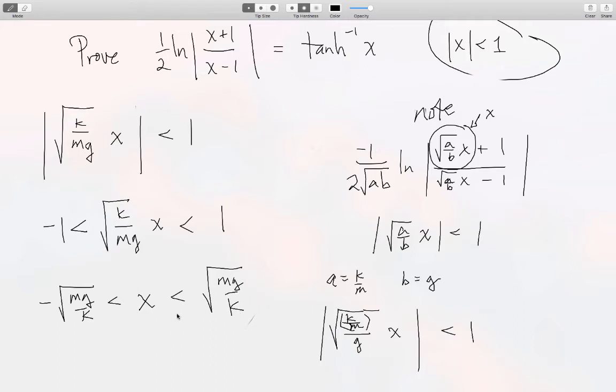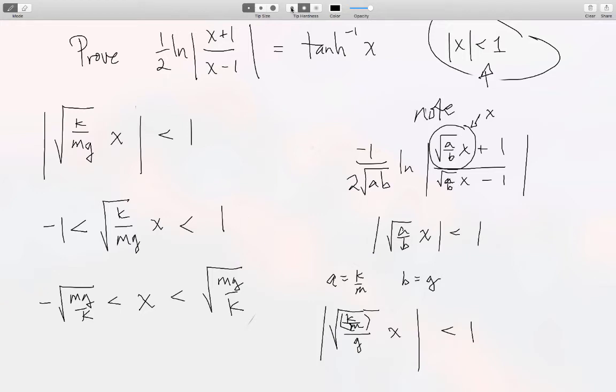So as long as I'm within the terminal velocity, that condition's actually met in this particular ln function. So I'm going to be able to write it as a hyperbolic tangent because I have exactly that condition met in this expression with those values of a and b.